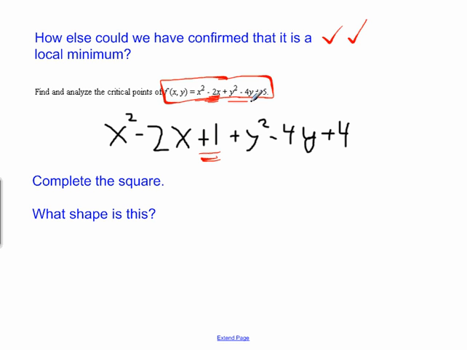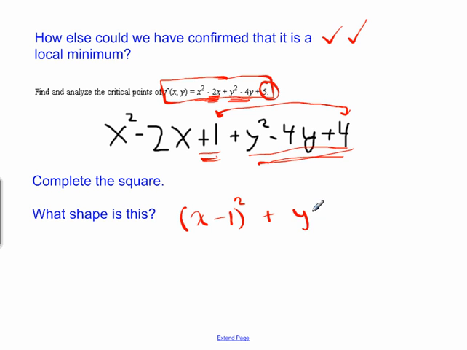And y squared minus 4y, so divide negative 4 by 2, square it, we get plus 4. And notice I didn't change my function here. I've got 1 and 4, and these add up to get 5. But by re-expressing it like this, now I can write my function as x minus 1 squared plus y minus 2 squared.